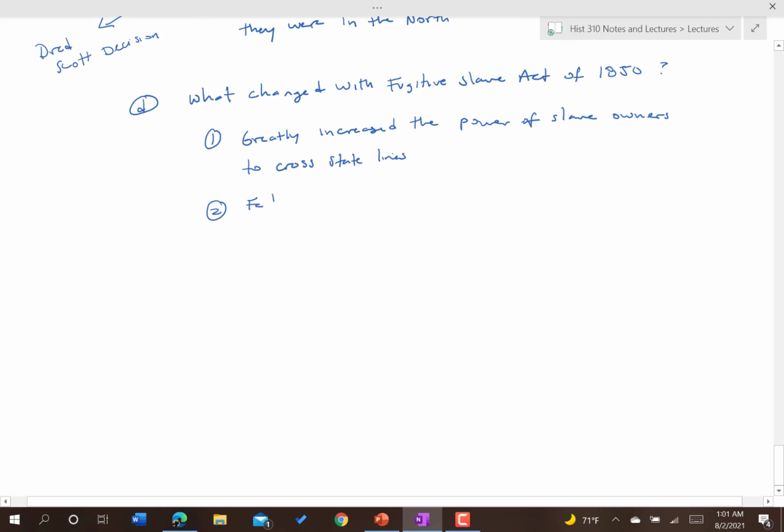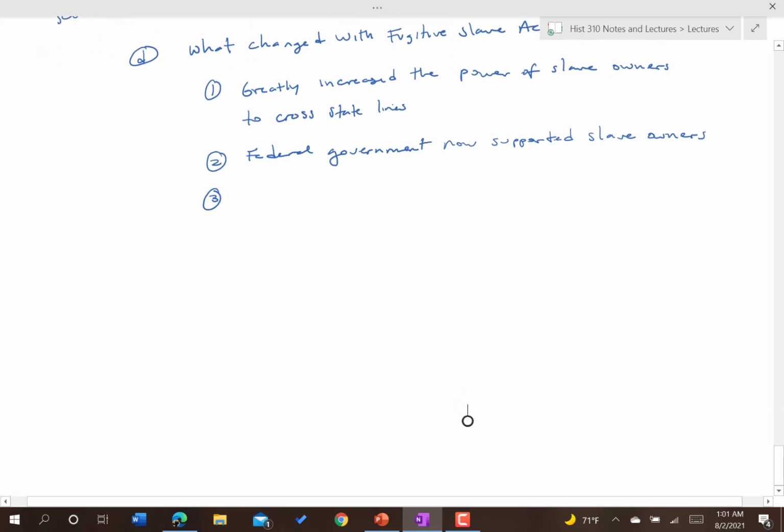And technically with this, the federal government now supported slave owners or slave catchers. Right, the federal government was giving its support behind recapturing slaves. It also added that fugitive slaves were entitled to a federal hearing before being taken back to the South.